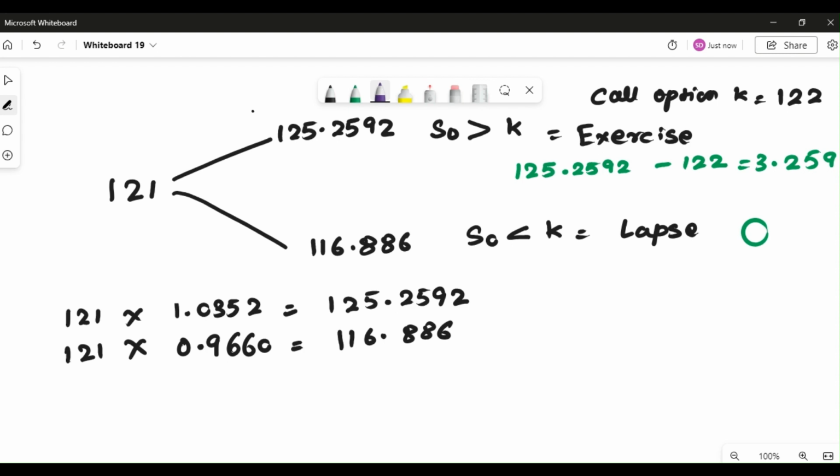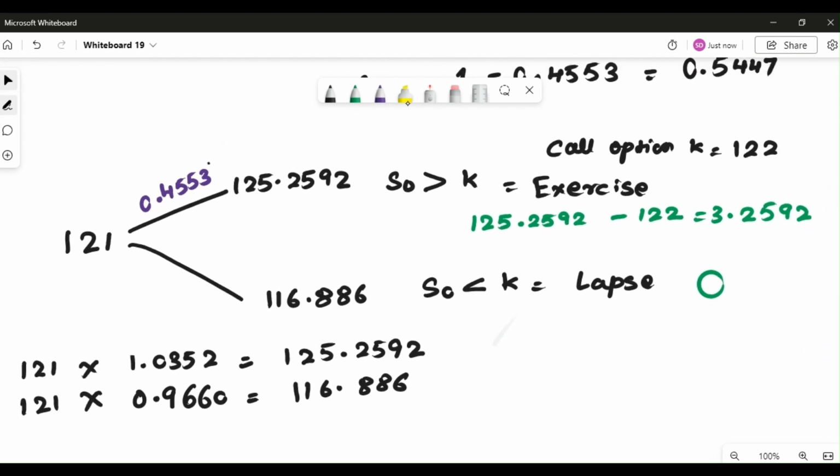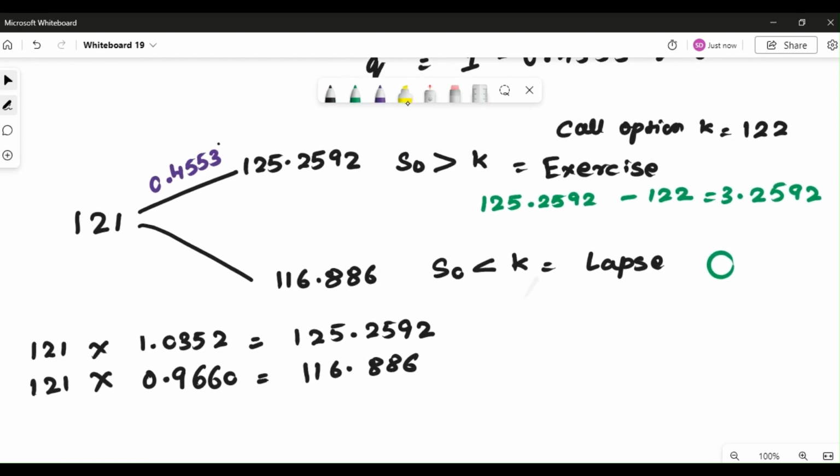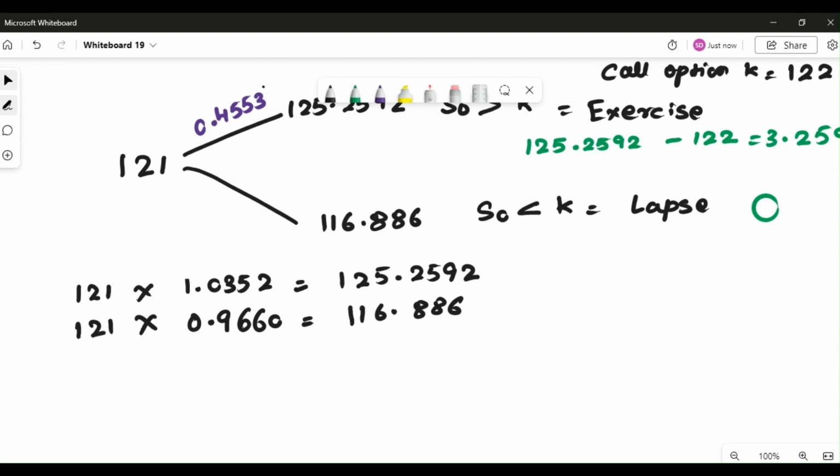So the probability, if you remember, we calculated for the upward trend is 0.4553, and the probability on the downside is 0.5447.